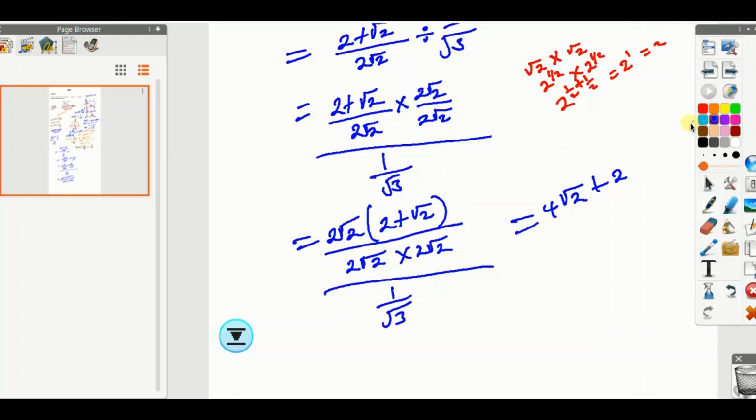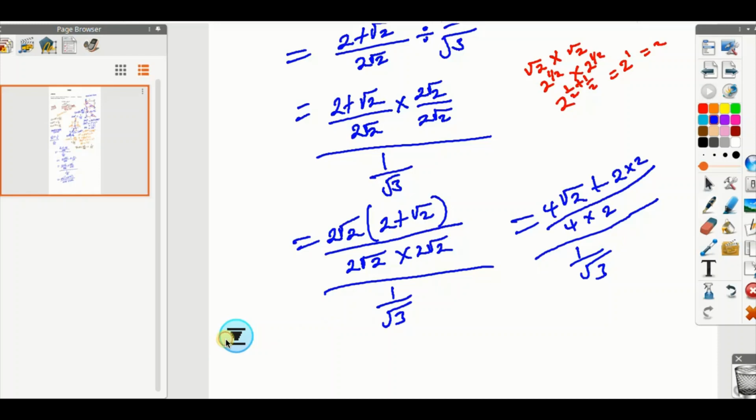Now we come here. 2 root 2 multiplying by 2 root 2. So we have 2 times 2 here, right, over the same thing here. 2 times 2, we have 4. 2 times 2, we have 4. And square root of 2 times square root of 2, we have here as 2. So everything now will be over 1 over square root of 3, right?